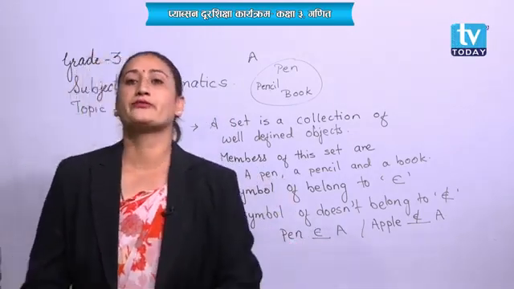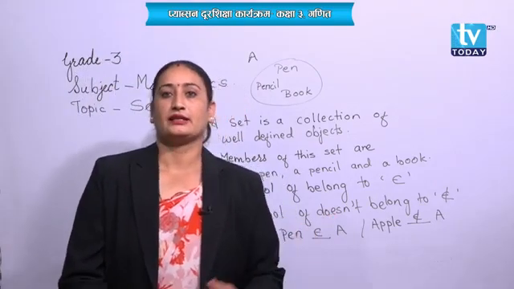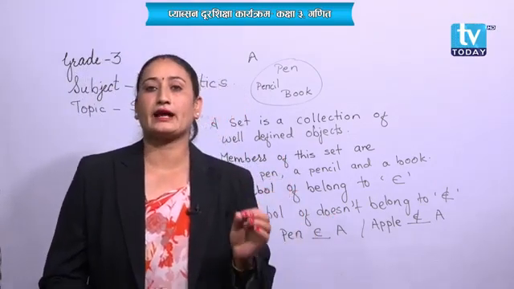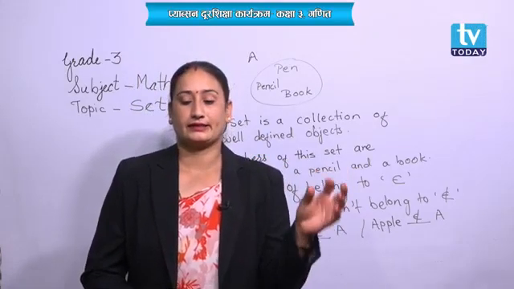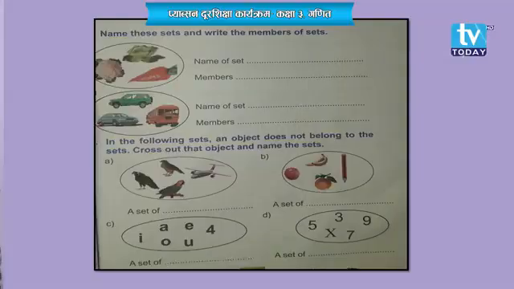So, from this picture, let's try to write the name of the set and then the members of this set. Okay? So, first picture is here. What is the first picture? Okay students, in the first picture there are cauliflower, cabbage and carrot, right?